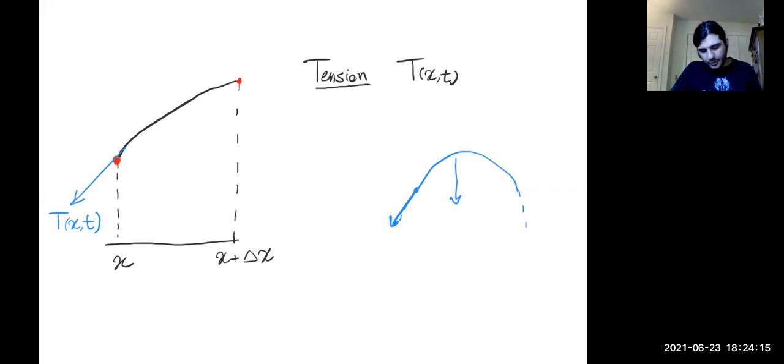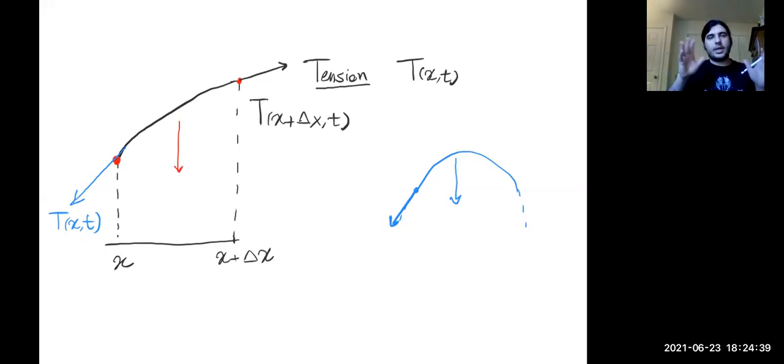At the other point, the tension would again be tangent to the direction of the string. It would be T of x plus delta x at time t, right? This would be the tension at these two points. The other thing we have is the gravity, which is downwards. Assuming the mass of this string piece is m, the gravity would be mg, and it's downwards.